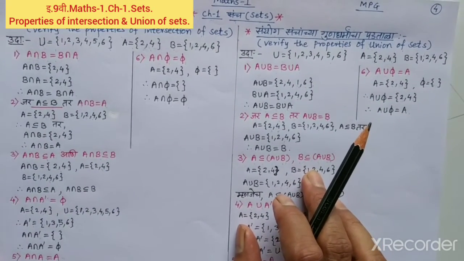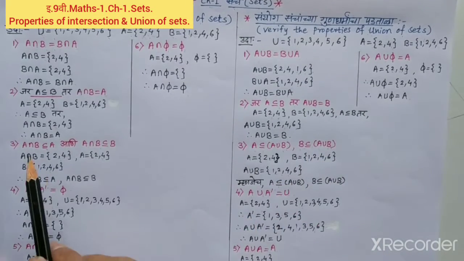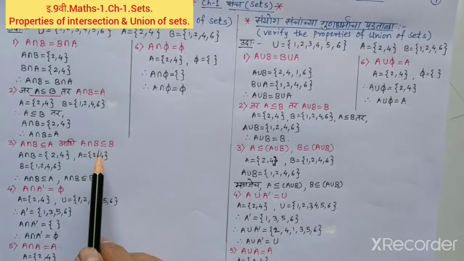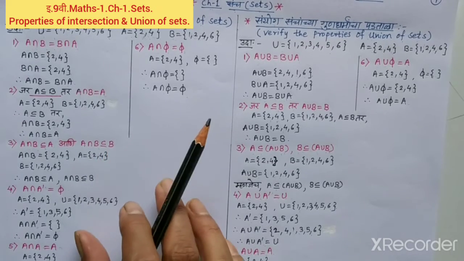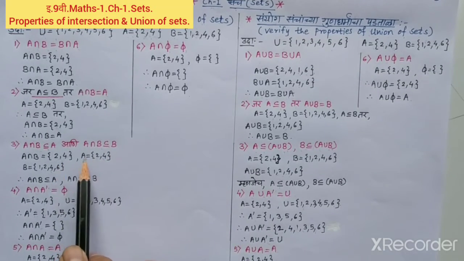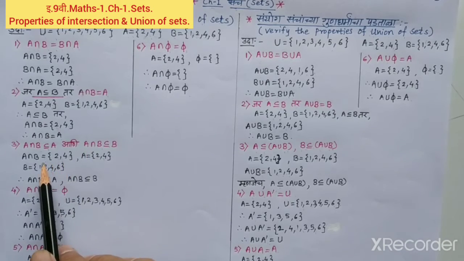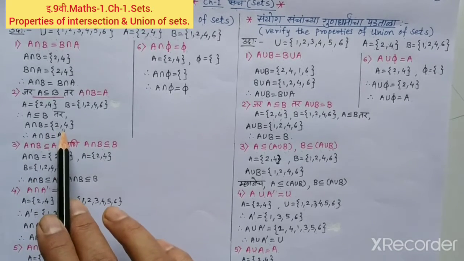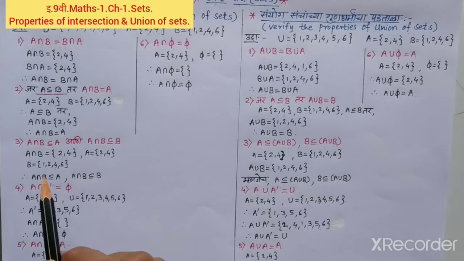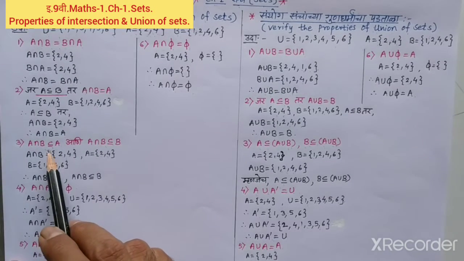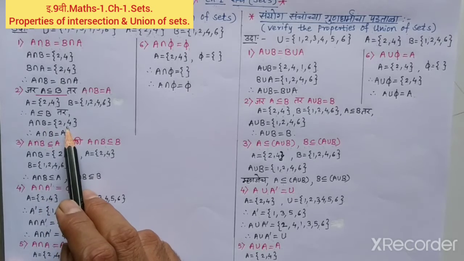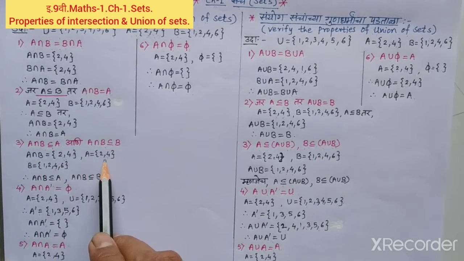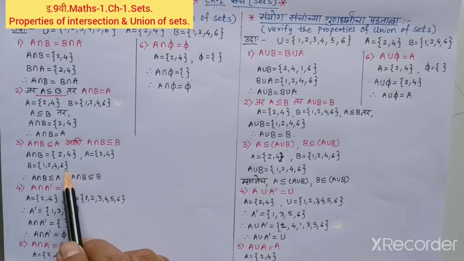Now the third property. A intersection B is a subset of A, and A intersection B is also a subset of B. We can easily understand this property. A intersection B is equal to {2, 4}, A is {2, 4} and B is {1, 2, 4, 6}.